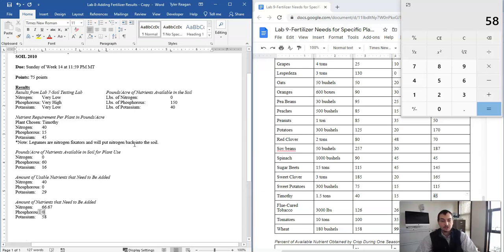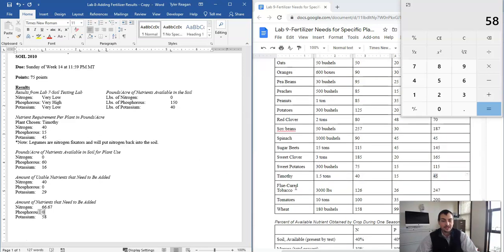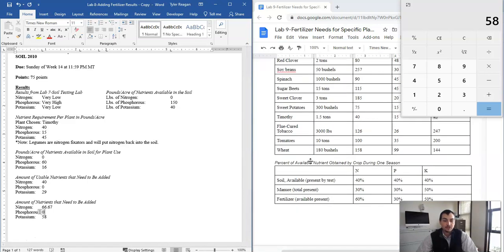And then you're going to take, just like we did, if we said we're going to produce timothy, we're going to need 40, 15, and 45 of nitrogen, phosphorus, and potassium. That's how much that plant is going to use. So then we figure out how much of the available nutrients is actually there for the plant to use using this table down here. So we figured out, in my case, it was 0, 60, 16.